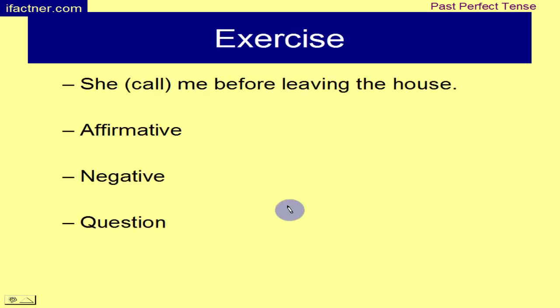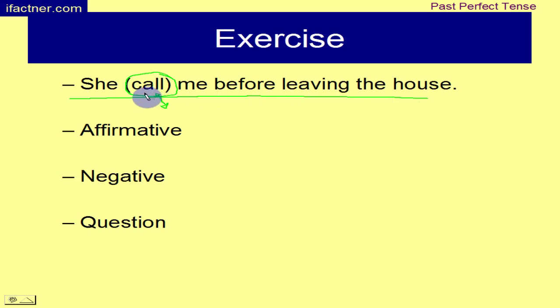Now this is the time for some exercise. Here we have got a sentence and we have to change this verb or action in past perfect tense. She (called) me before leaving the house.